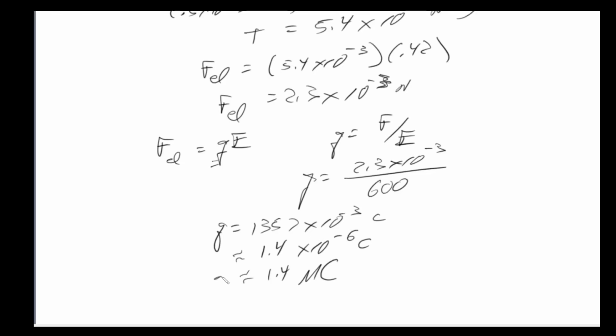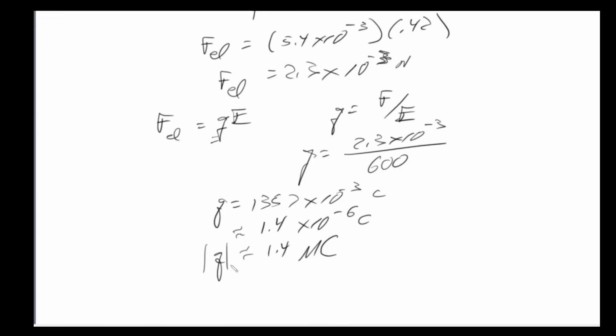And if we go through that, we get the charge is equal to 3.8 times 10 to the minus 6 coulombs, or we'll just say it's equal to 1.4 times 10 to the minus 6 coulombs, or 1.4 microcoulombs.